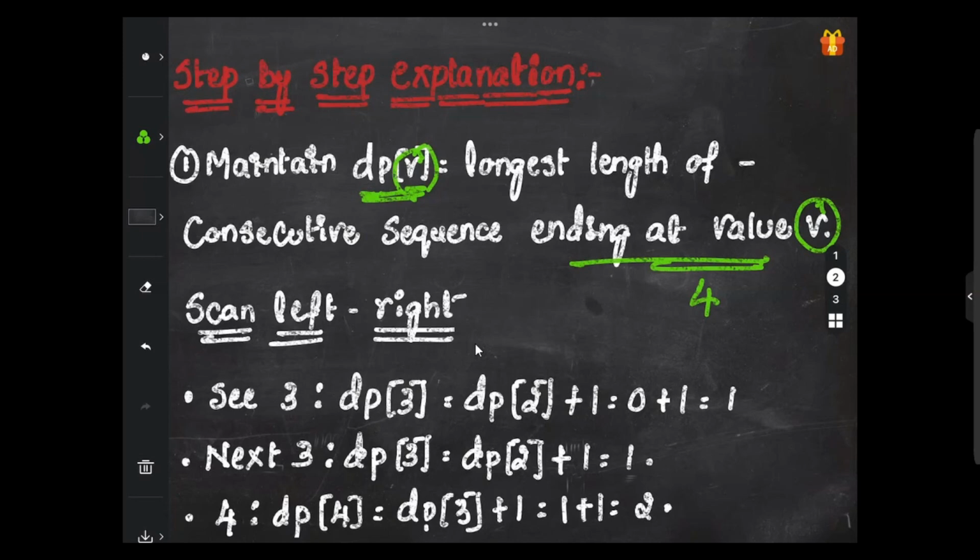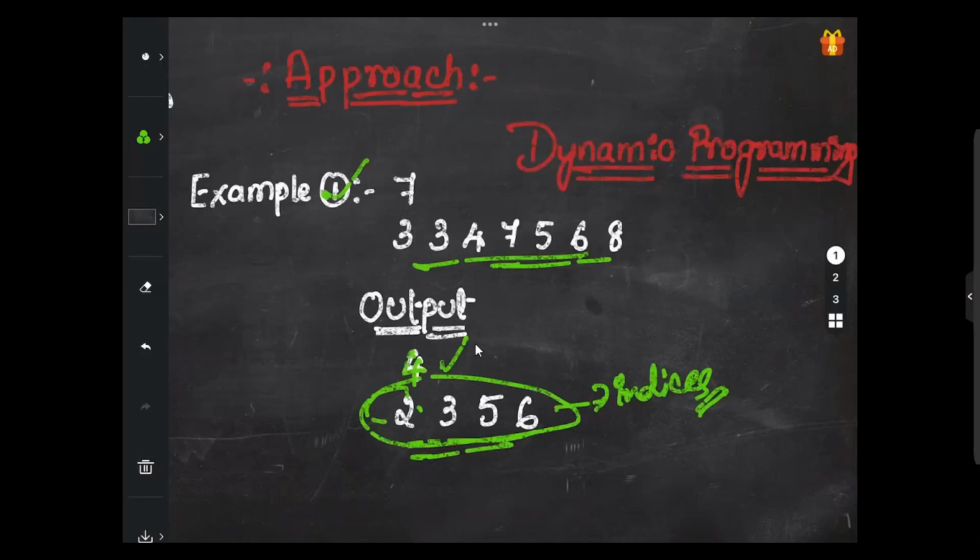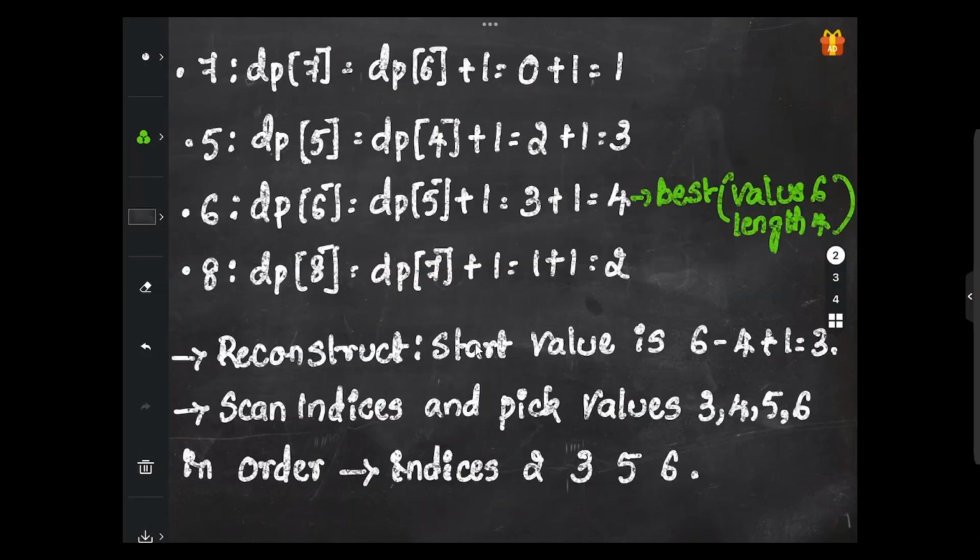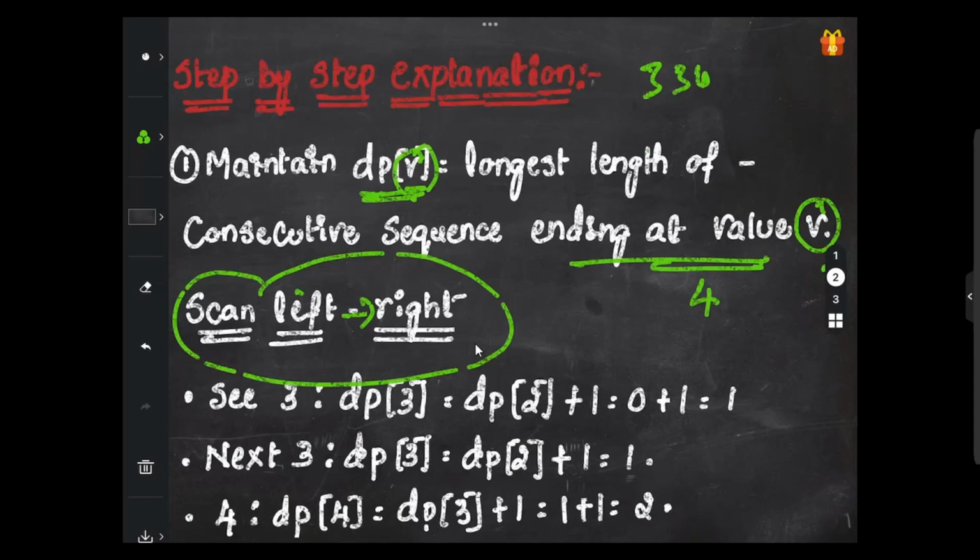So let's come here. First we will be scanning from left to right, in simple terms. First what we have in the input: 3 3 4 7 5 6 8, right? First we'll see the 3. So dp of 3 would be dp of 2 plus 1.